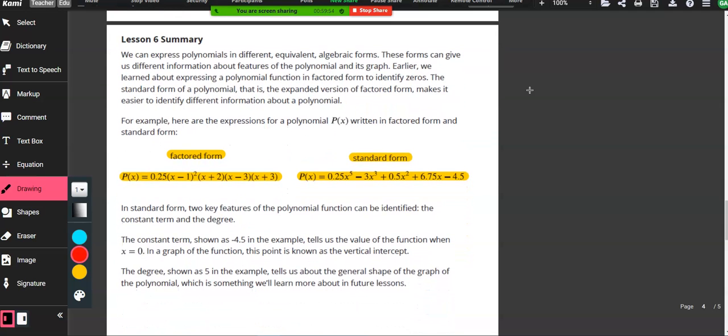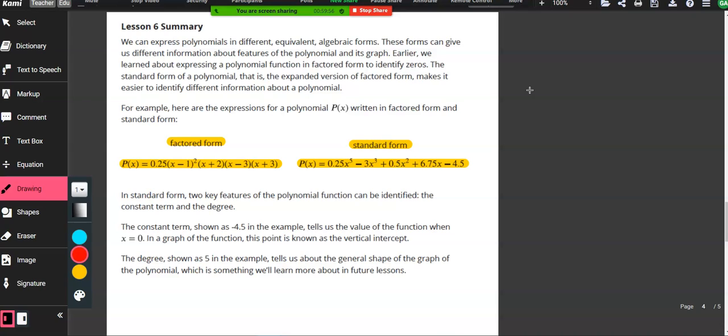You have the lesson summary for lesson 6, and it is highlighted for you, very important. Here's what factor form looks like with these parentheses, and for standard form, you look at the power and go from big to small. So it's 5, if there's no 4 you skip 4, and then it's 3, and then 2, and then 1 and 0.